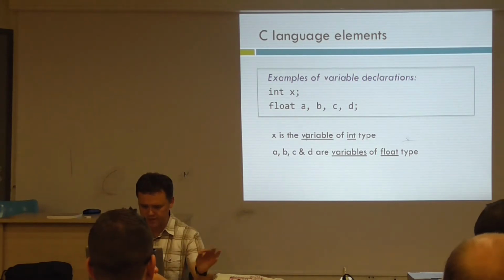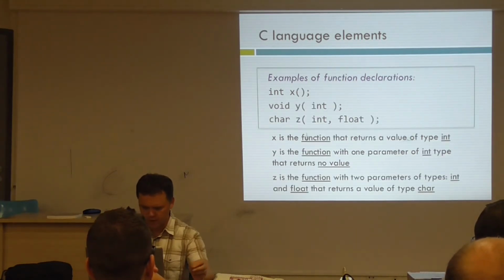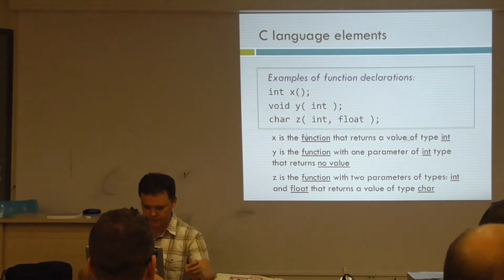You can see that X is a variable of int type, A, B, C, D, of course, are variables of float type. You can read it that X in that case is a function because of the braces on the right side of this identifier, and the returning value is integer.